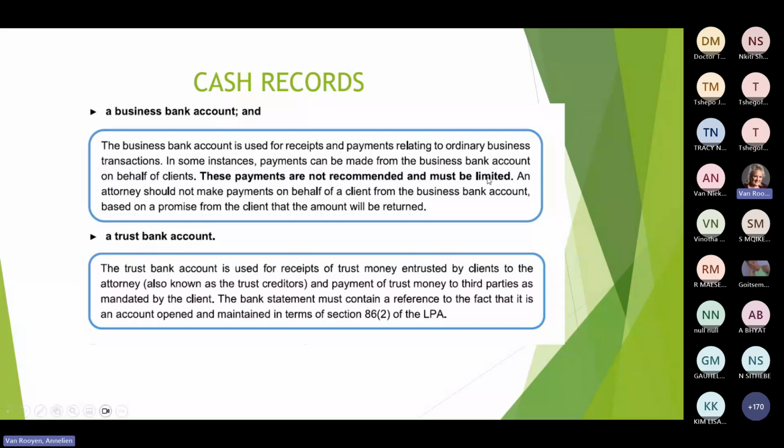So your business bank account is your normal business account, like in any other business, almost the same as your personal bank account, what's in there and what goes out of that. But with your trust bank account, always keep in mind, in alignment with the Law Practitioners Act, it must be a separate account, and your clients entrusted that money to you as an attorney, and you're not allowed to use it for anything else than for that client.